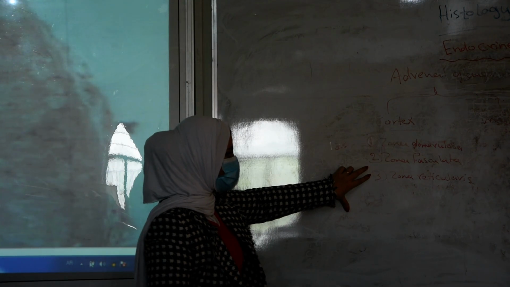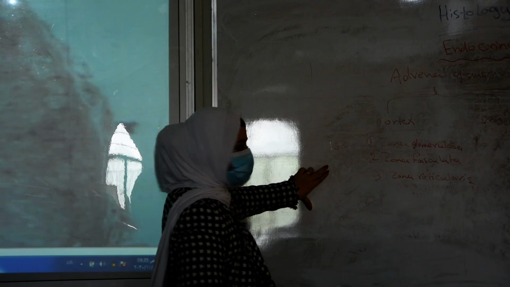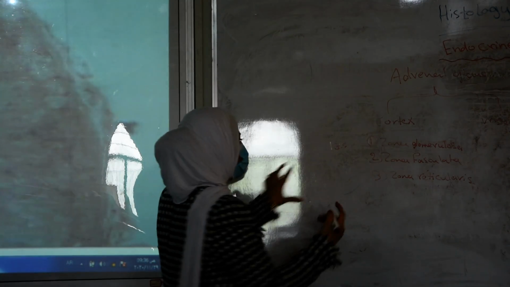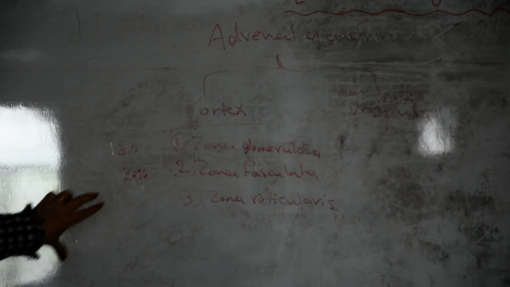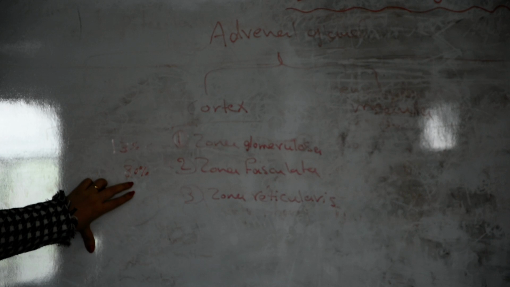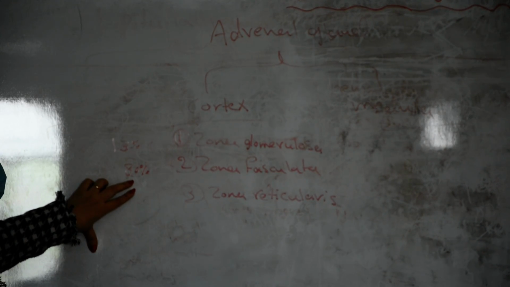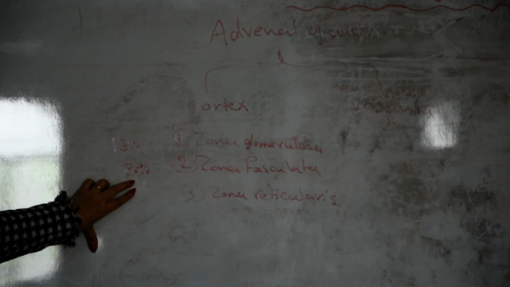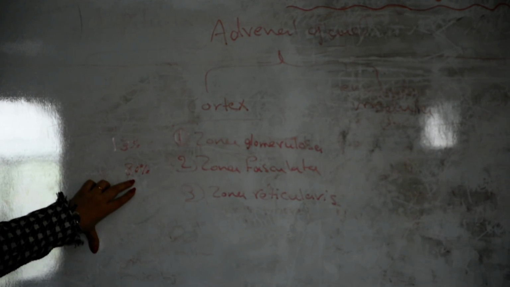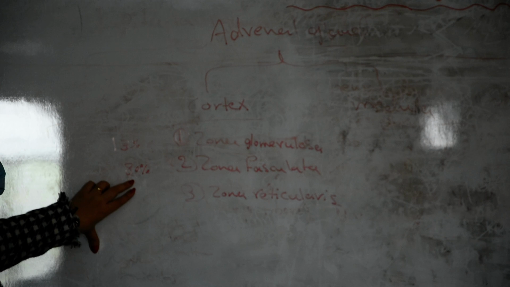While the zona fasciculata, which constitutes the large part, about 80% of the total volume of the gland, its parenchymal cells are responsible for secretion of the corticosteroids.